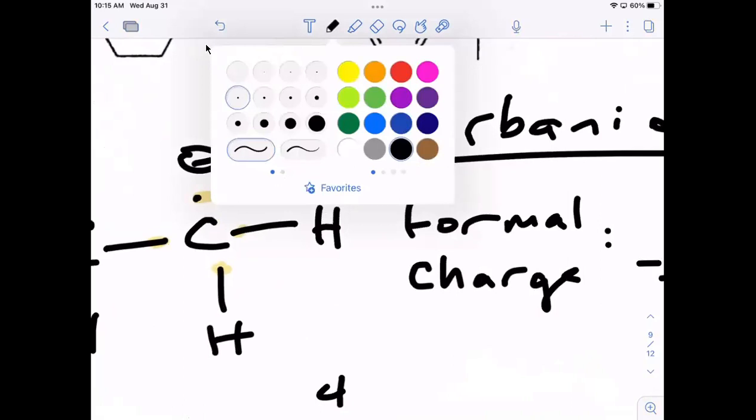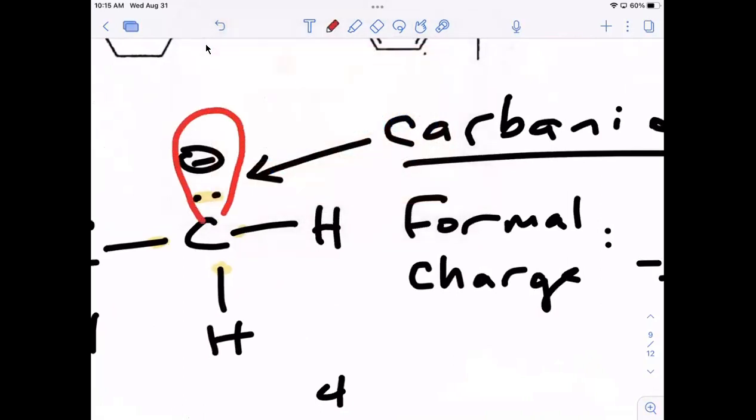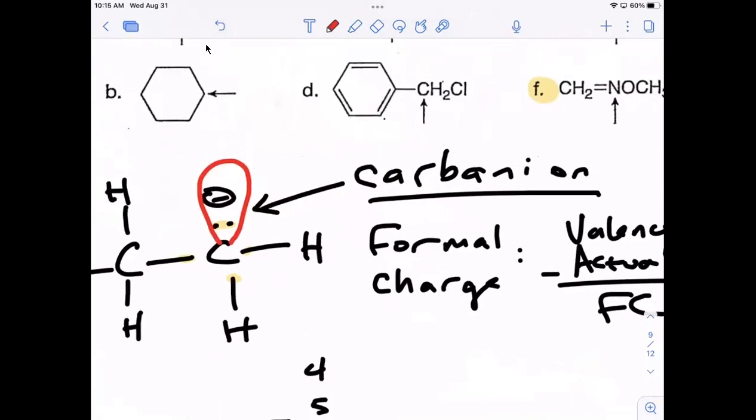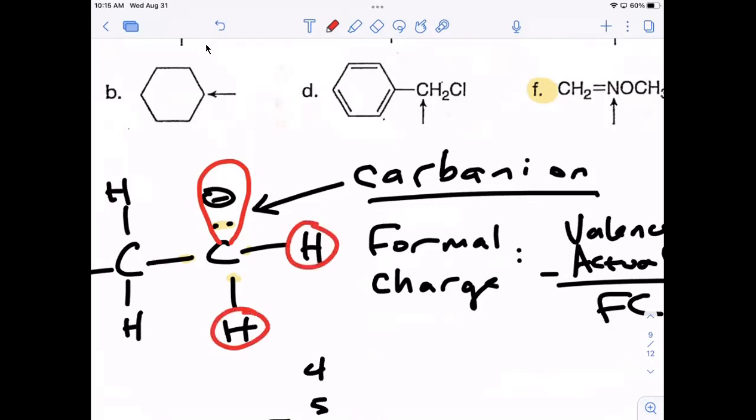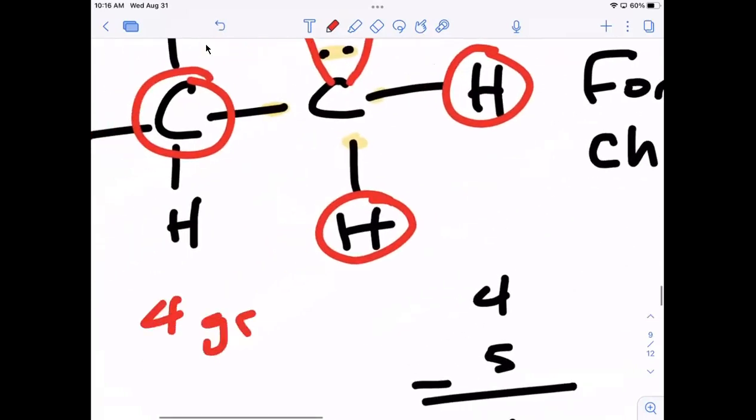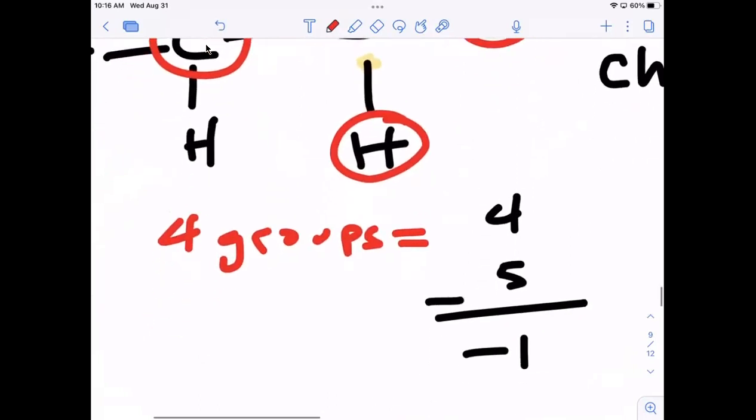It's located in an orbital, and that orbital has a shape and a direction. So how many groups are around this carbon, including the lone pair? 4 groups. Excellent. You've got a hydrogen here, 1 here, a lone pair, and this carbon here is also a group. And based on our previous discussions, an atom that has 4 groups around it is sp what?